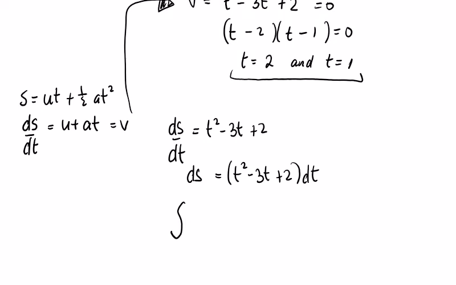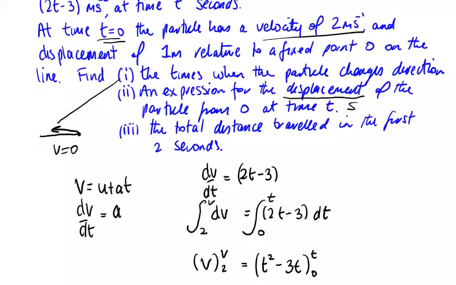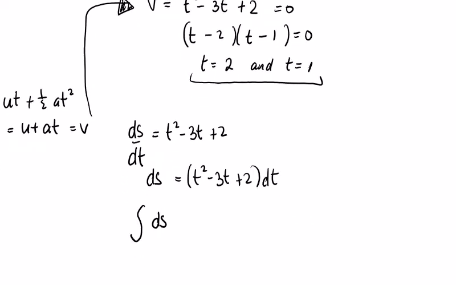If we integrate ds between, what information are we given here? We're given displacement 1 meter at time t equal to 0. So between s and 1, and between t and 0, initially it's 1. This will enable me to get an expression for s.